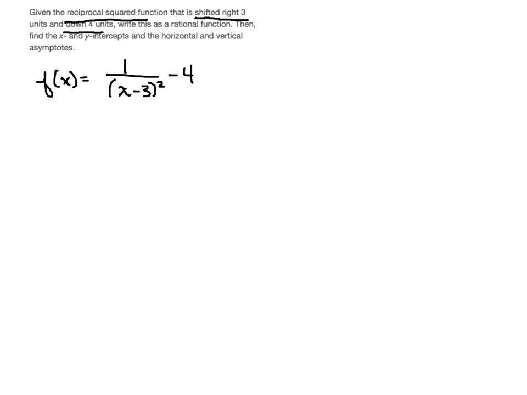All right, but to be able to figure out x-intercepts, we need to have the numerator and the denominator, for that matter, to figure out asymptotes in factored form. But because we're subtracting that 4 out to the side, this is not in factored form.